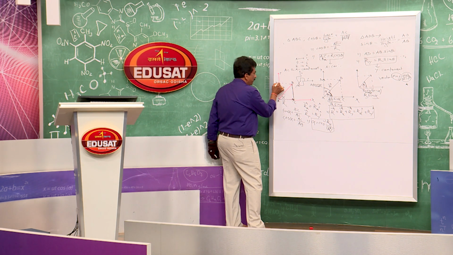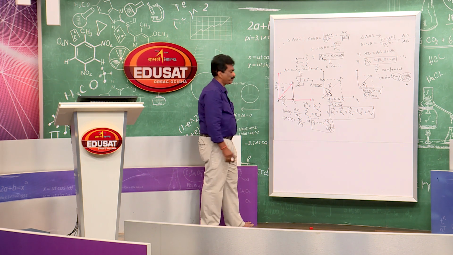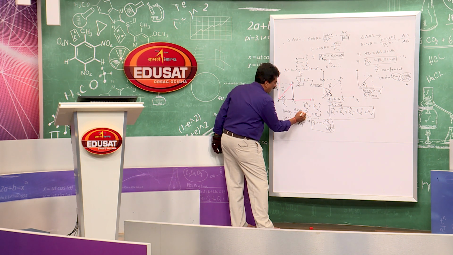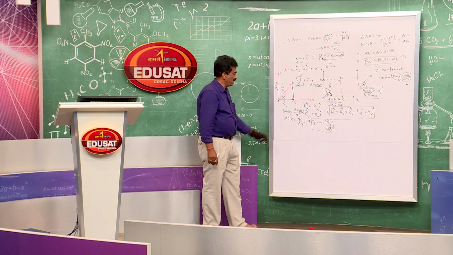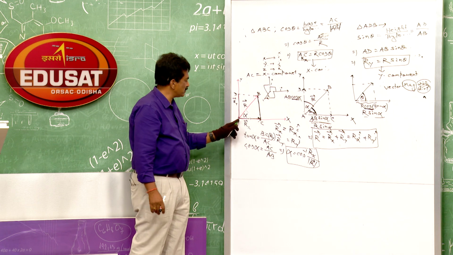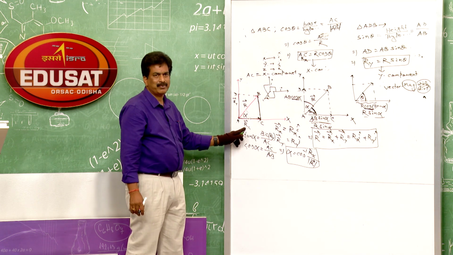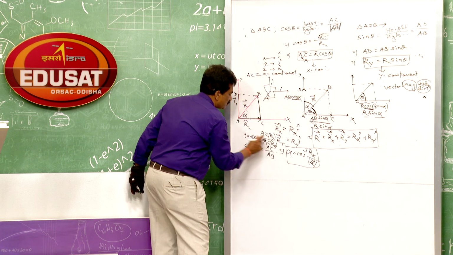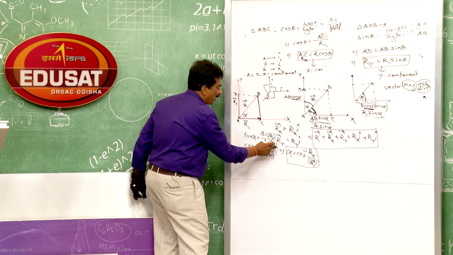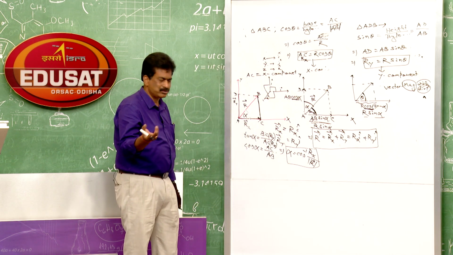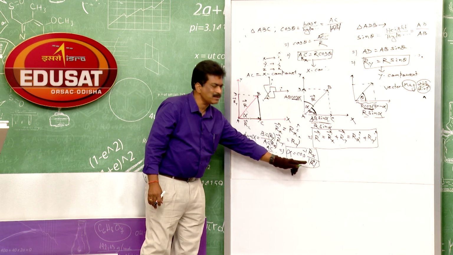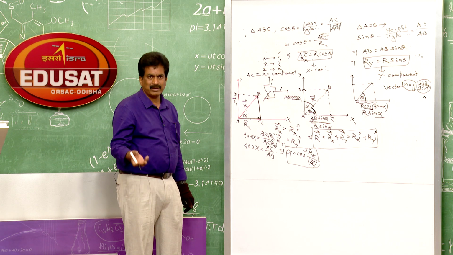This is BC, and BC is nothing but the y component, that is Ry. And AC is the component of the AC vector, that is Rx. So alpha is equal to Ry by Rx, or you can also write alpha is equal to cos inverse of Rx by the R vector.